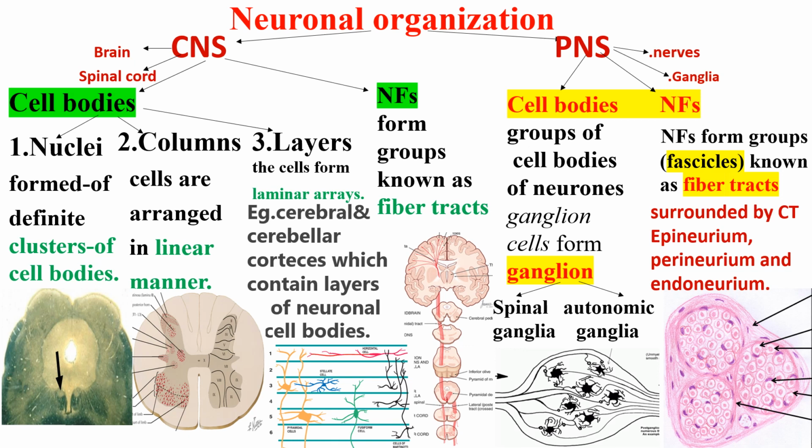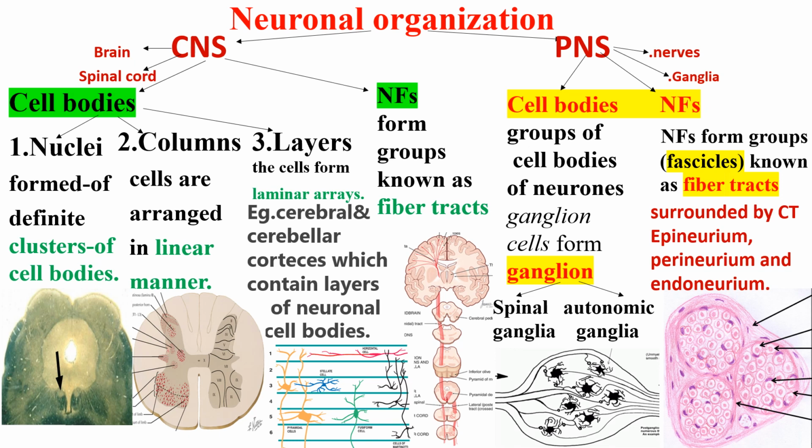As you can see in the image in the bottom from the left side, there is an arrow pointing to a nucleus in midbrain which belong to trochlear nerve, nucleus of cranial nerve, trochlear nerve.